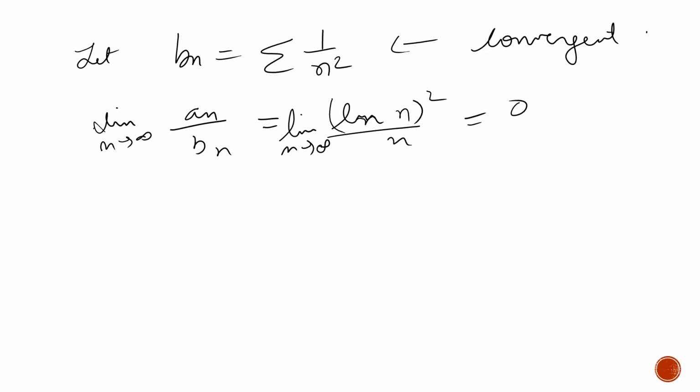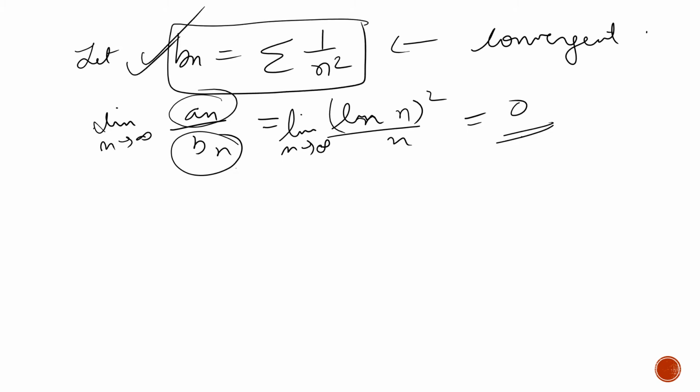Now this result is valid for applying the limit comparison test. If we get the value of the limit as 0 and Bn is convergent, then An is also convergent. So the limit comparison test is working for this choice of Bn.